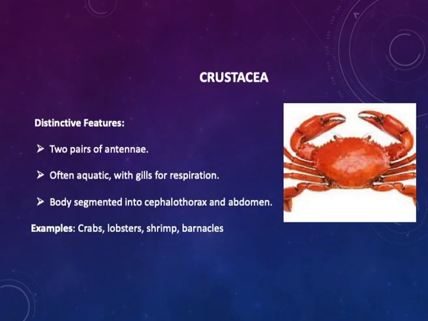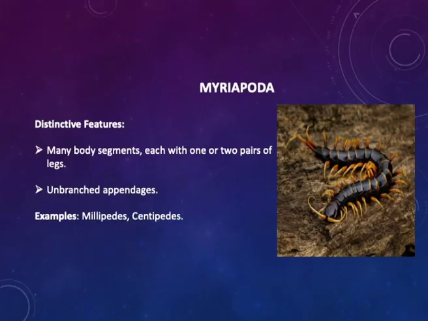The appendages are divided into two branches, that is why the name biramous, and they are aquatic and many have gills. They are aquatic in nature, that is the reason why they have gills for their respiration.